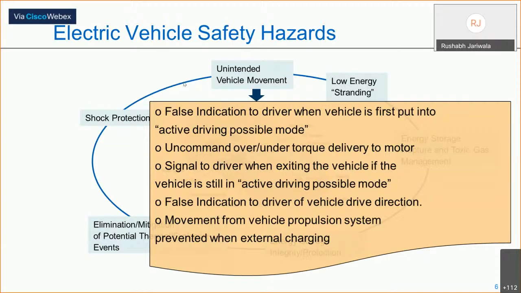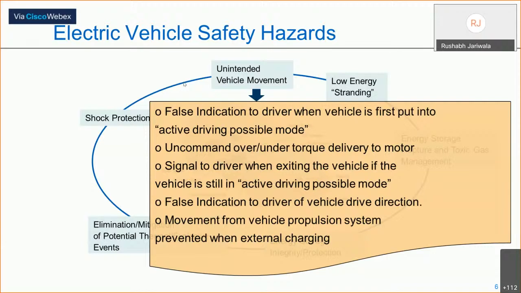And then movement of the vehicle by the propulsion system must be prevented when externally charging. When the vehicle is going through the charging process, one needs to make sure it does not allow the vehicle to start and apply torque.